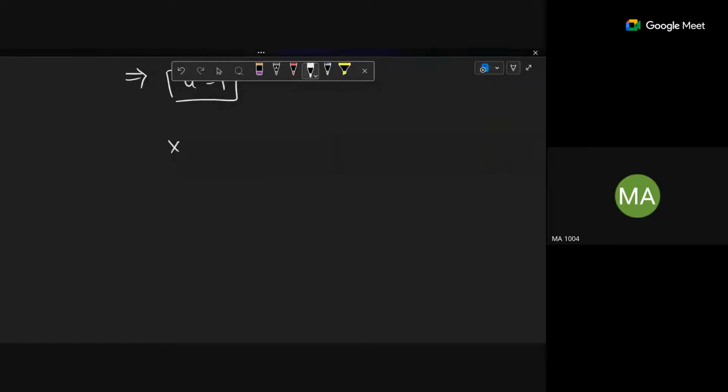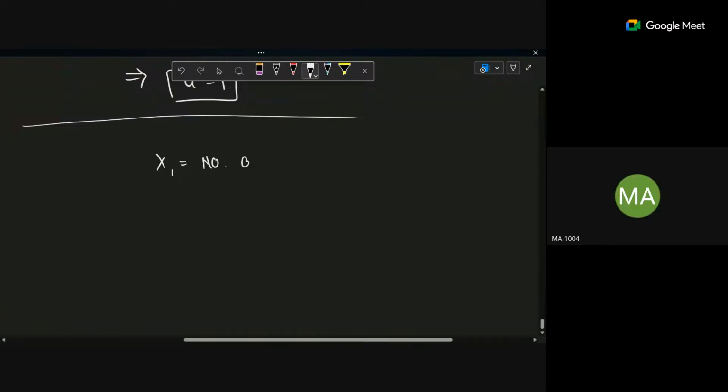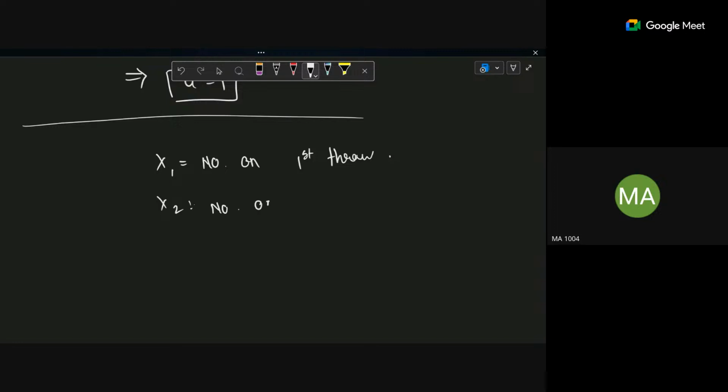If X1 is the number you got on the first throw, what are the possible values that your X1 can take? 1 to 6. And X2 is the number on the second throw.